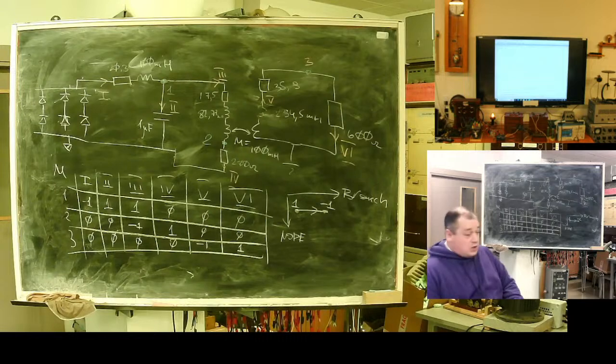Number 4, 200 ohms, simply 200. Number 5, 45.9 plus J omega multiplied by 234.5 A minus 3 because it's in millihenry. Last one is 600 ohms.